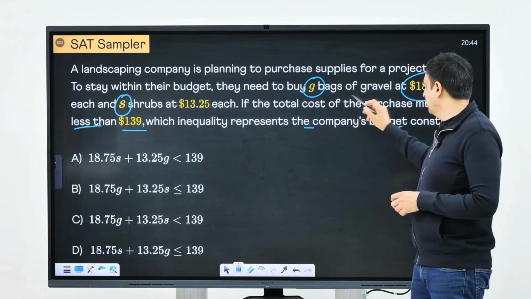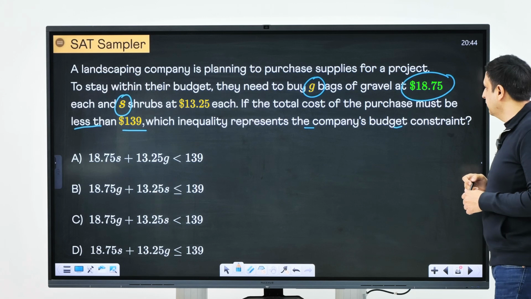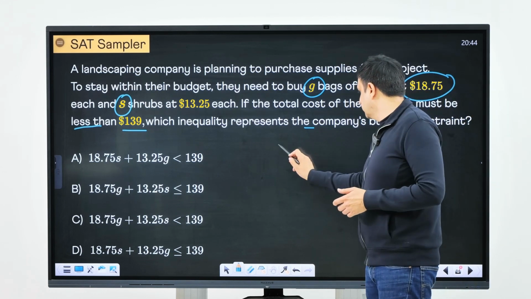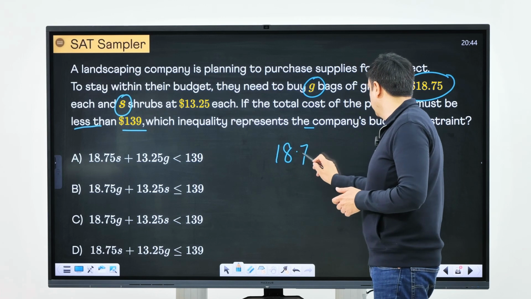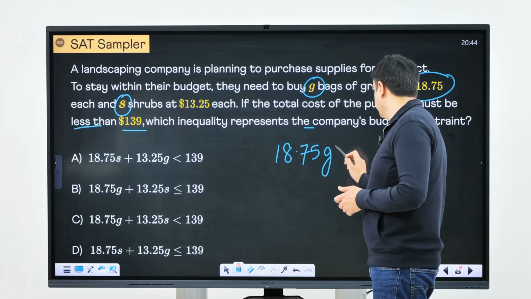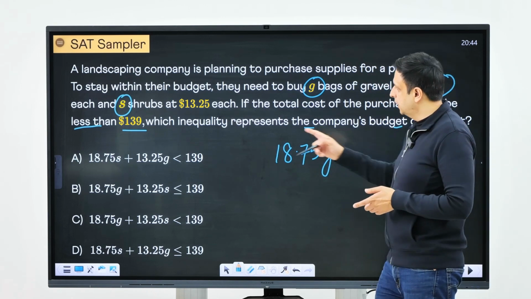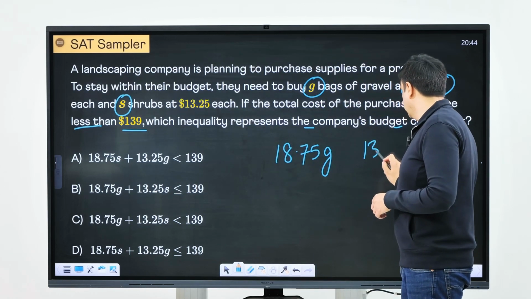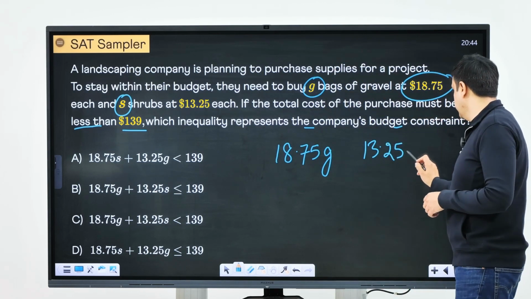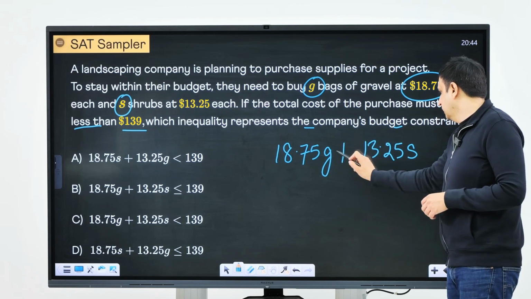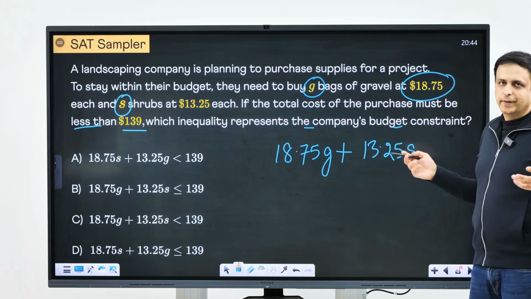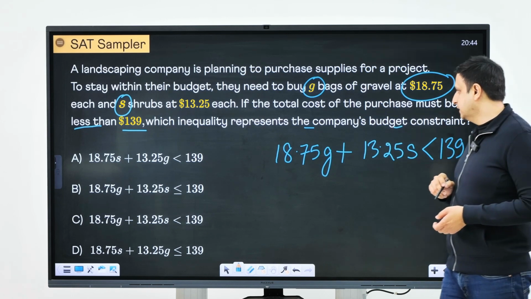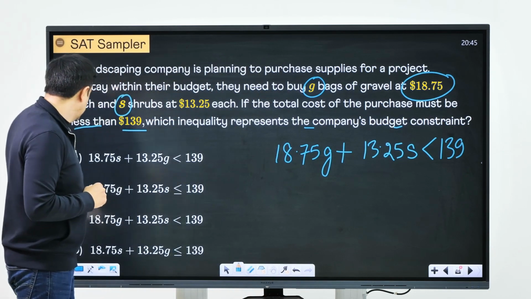So G bags of gravel at $18.75 each means that the cost of the gravel bags will be 18.75 times G, and then S shrubs at $13.25 each would incur a cost of 13.25 times S. So the total cost will be this plus this, and this should be less than 139. So that's it.